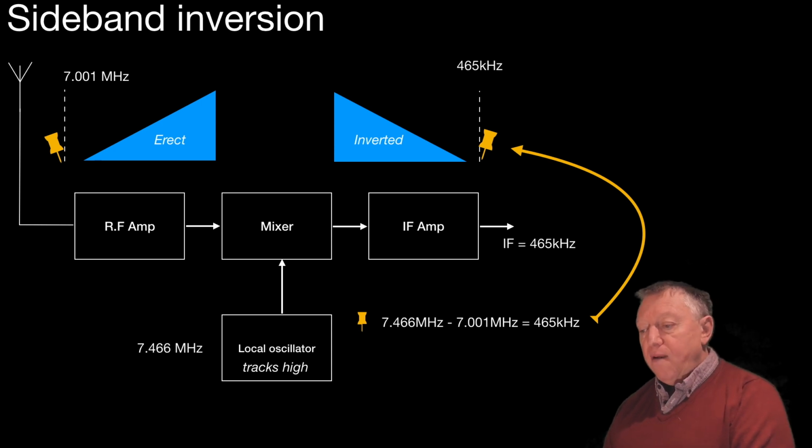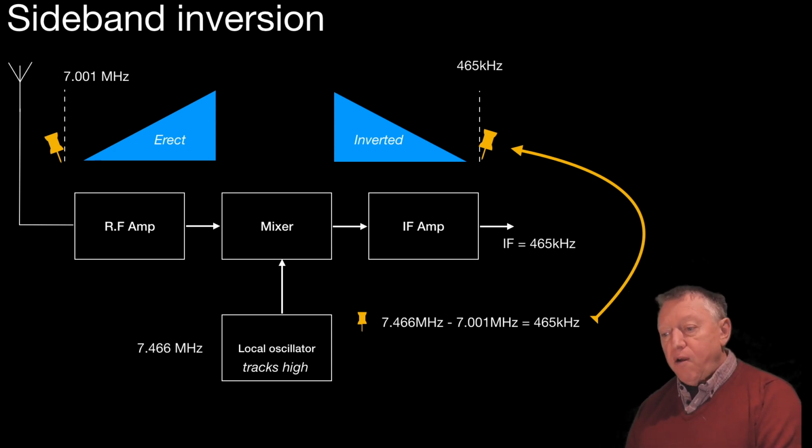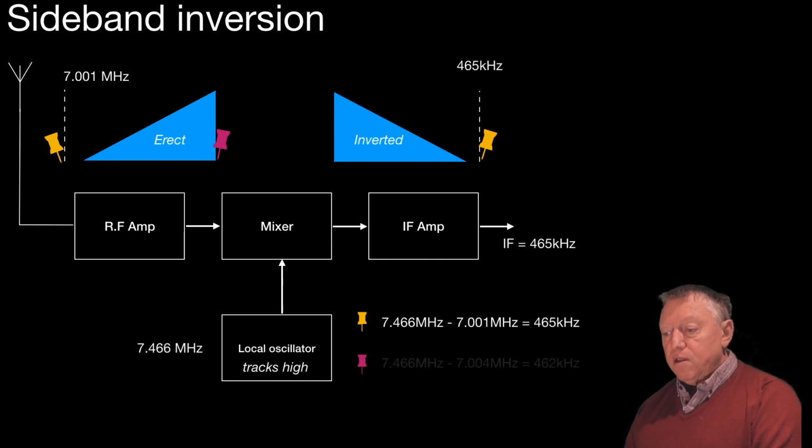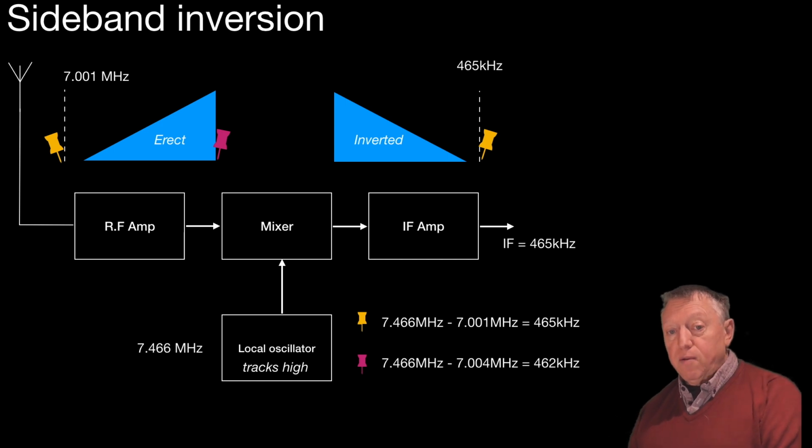Let's now have a look at the other end of the erect sideband coming in from the antenna. That'll be 7.001 plus the 3 kHz maximum frequency that we've got. So that will be 7.004. Let's track that through the mixing process.